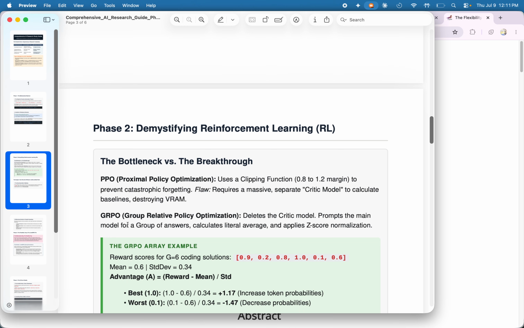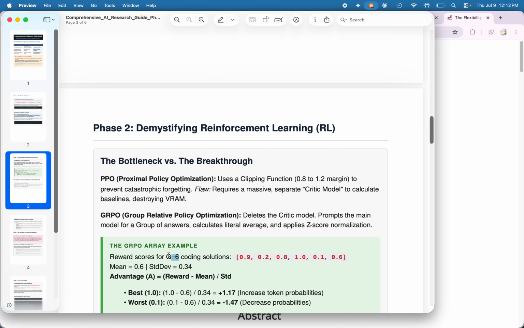So what we do is we prompt the main model and ask it to generate a group of answers, and then we take an average and apply a z-score on that. That's what GRPO does. Instead of the pre-trained model generating just one prediction, we ask it to generate, let's say, 8 predictions.